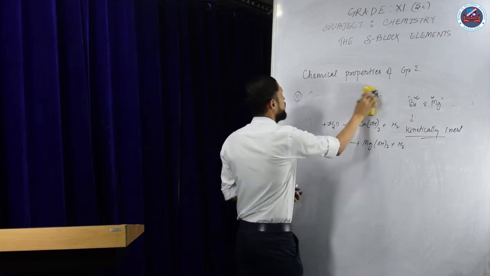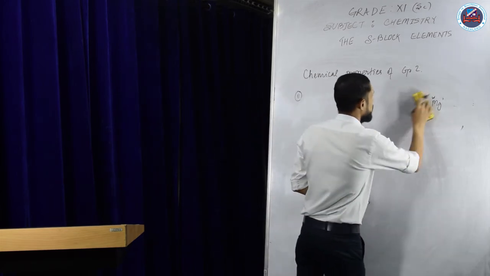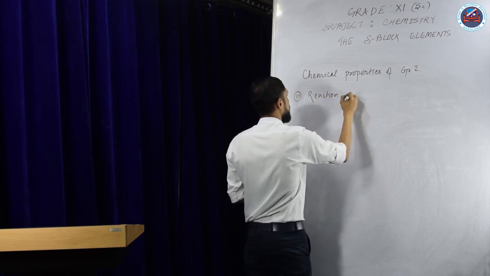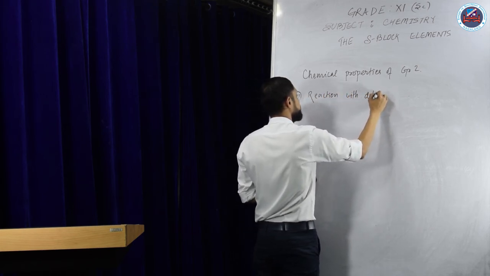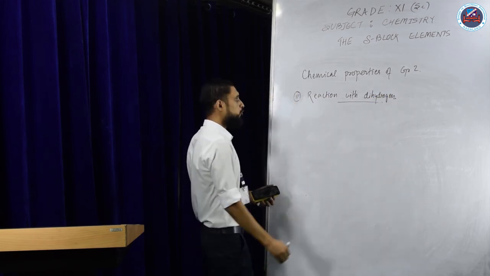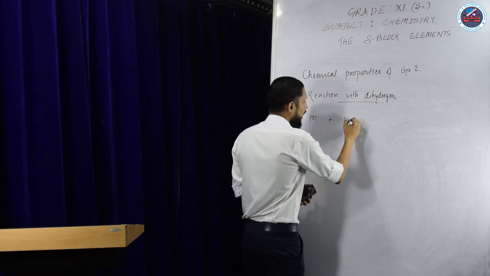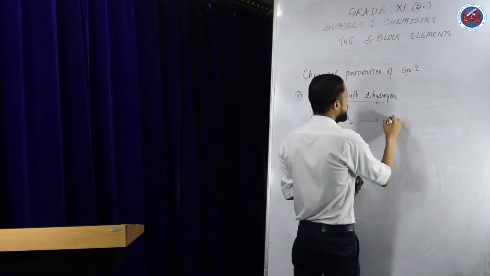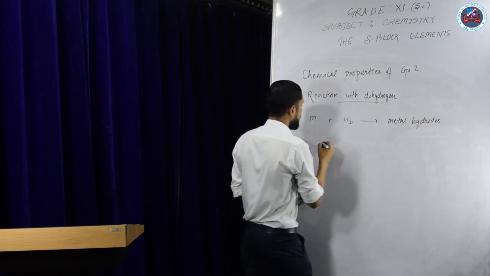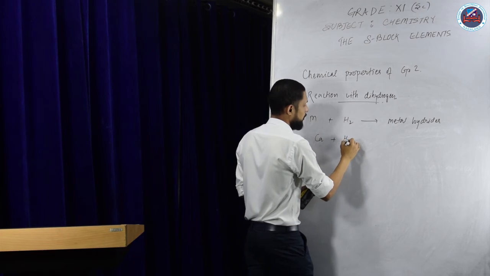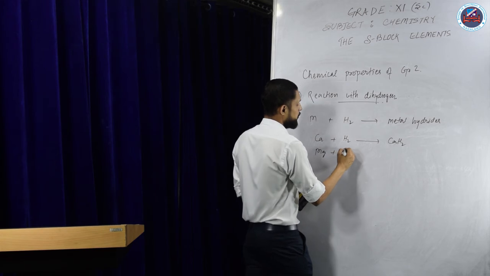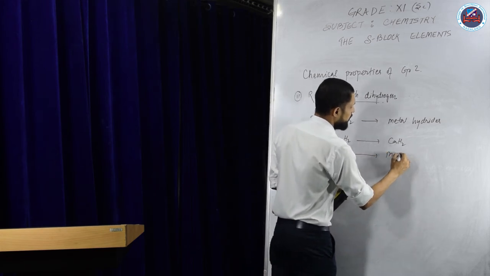Next, let us see the reaction of group 2 elements with dihydrogen. So group 2 elements also react with dihydrogen H2 to form hydrides, that is metal hydrides. Say for example, if calcium reacts with dihydrogen, it forms CaH2. If magnesium reacts with H2, it forms MgH2.